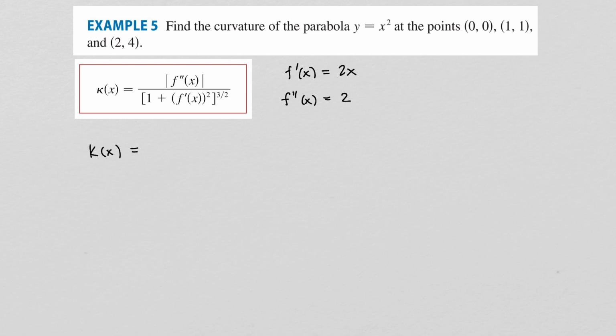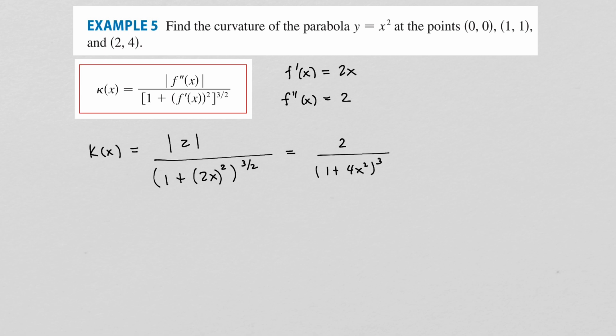So kappa of x is going to be the absolute value of the second derivative divided by 1 plus the first derivative, which is 2x, quantity squared, and then raised to the 3/2. So this is 2 divided by 1 plus 4x squared to the 3/2 power. So this is the measurement of the curvature at any number x.